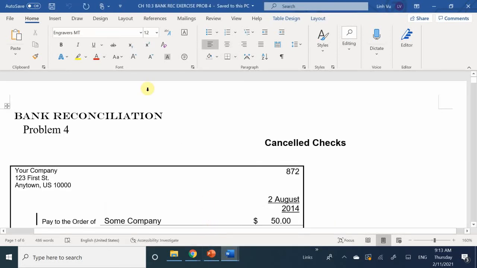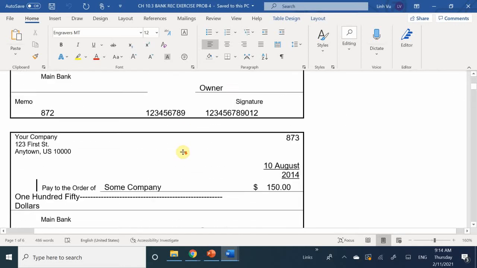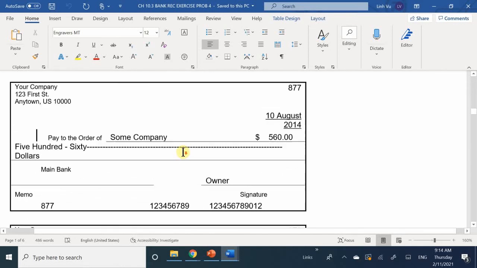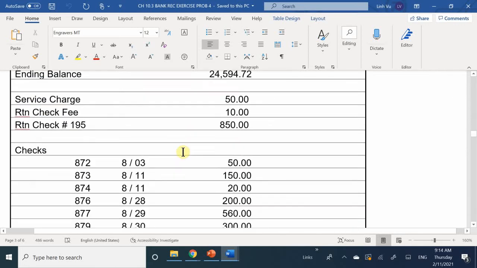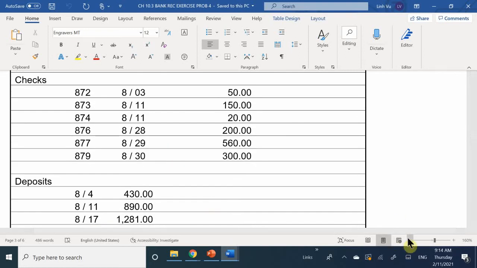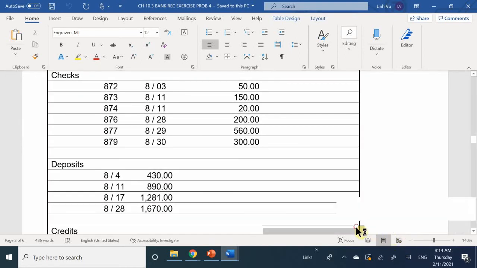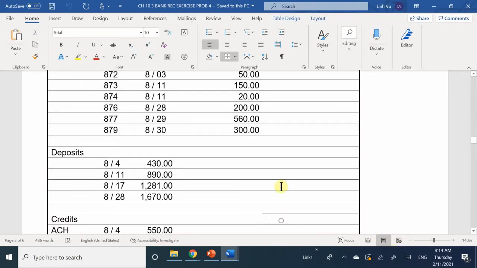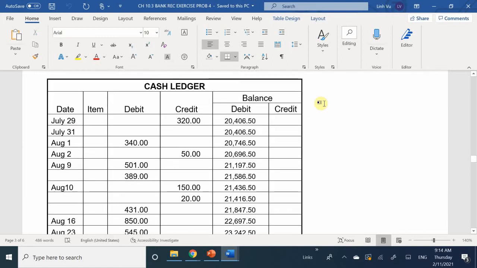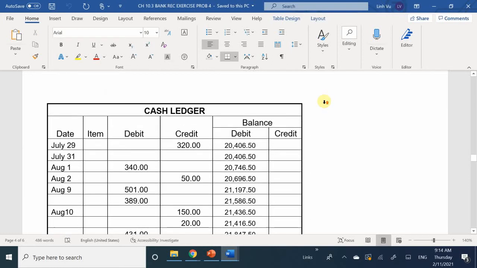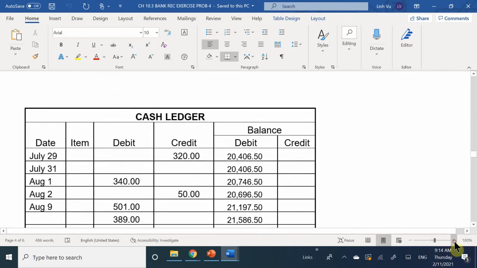Okay? So here we are. We're doing problem number 4. So again, we have copies of our checks here. Okay? We have our bank statement, and we have our cash ledger with our check register and deposit register.